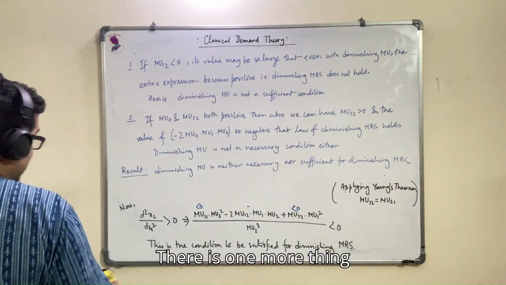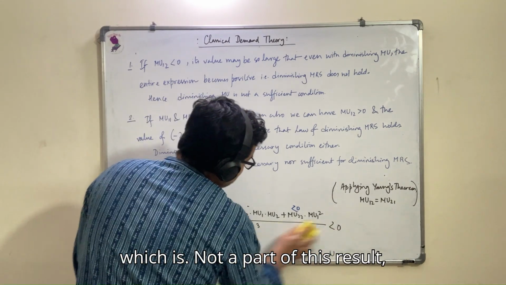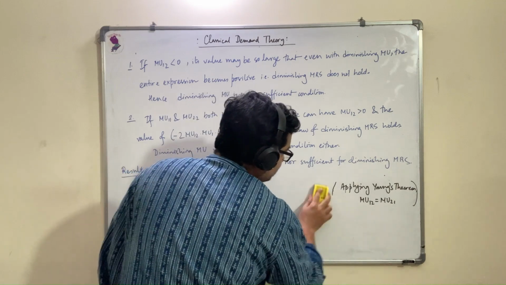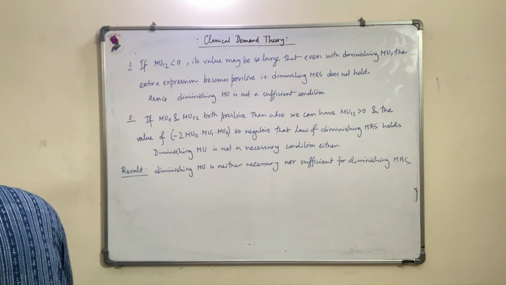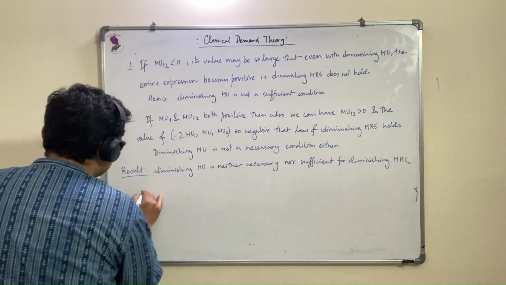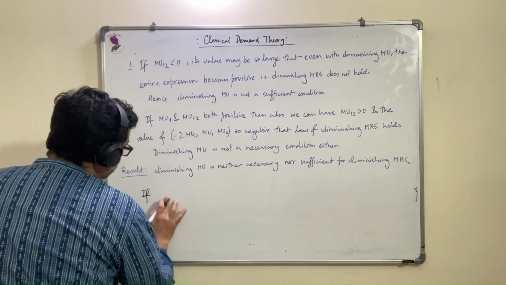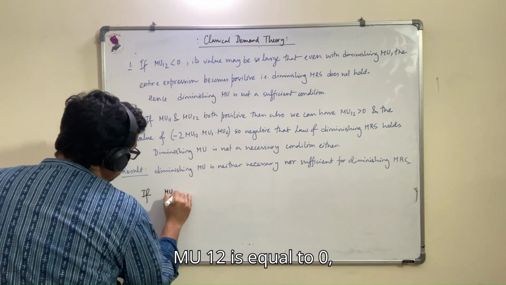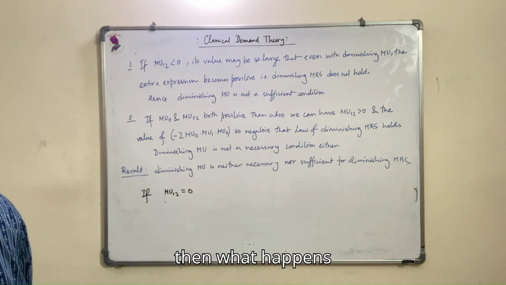There is one more thing which is not a part of this result obviously, but just to finish this topic, if MU12 is equal to 0, then what happens?